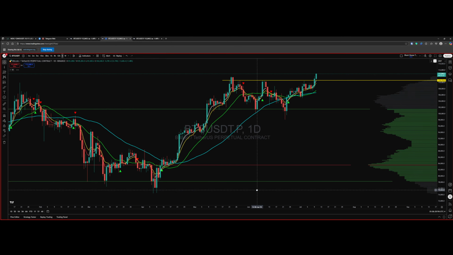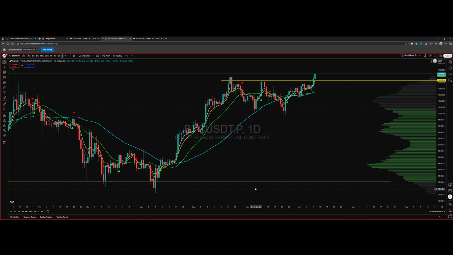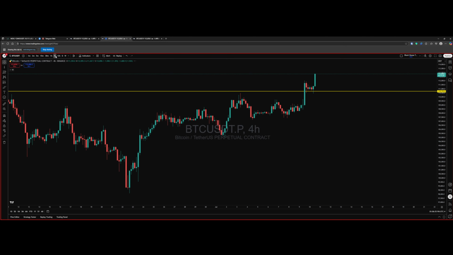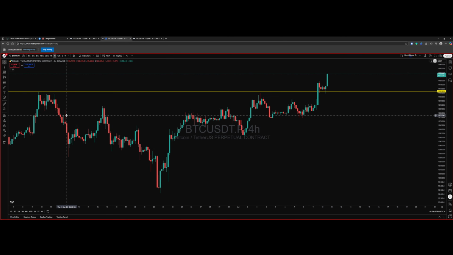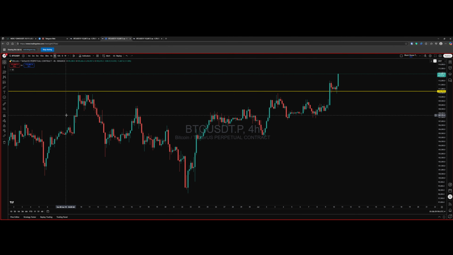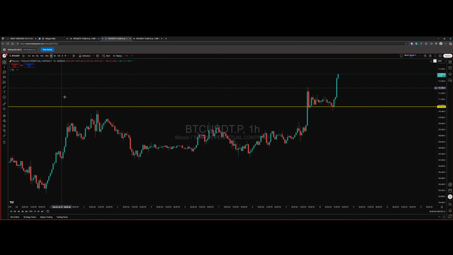My question was, it looks like an inverted head and shoulders, and currently you've got the price going bullish. So on the 1 hour time frame. Sorry, I'm just on the bus.